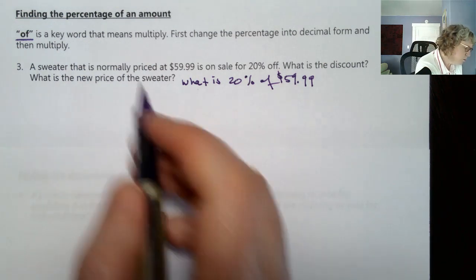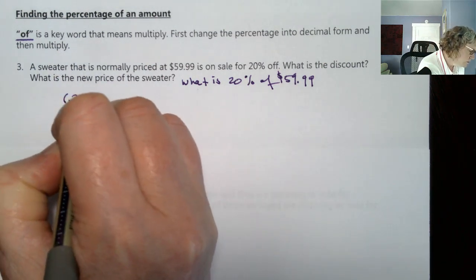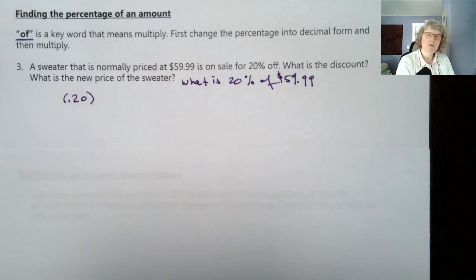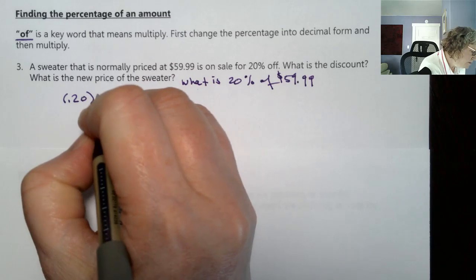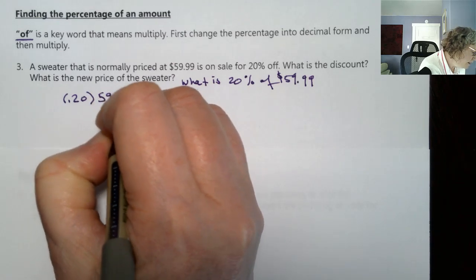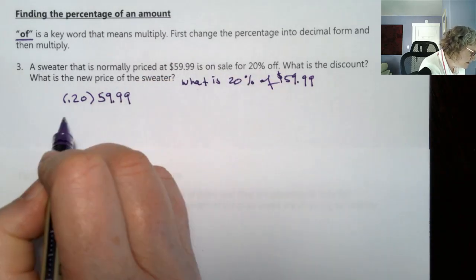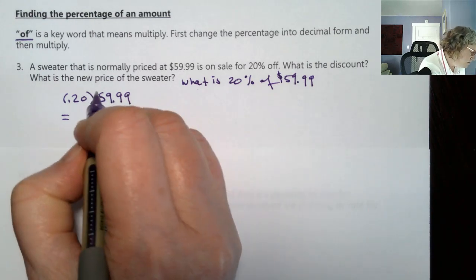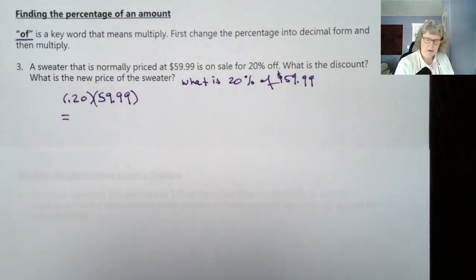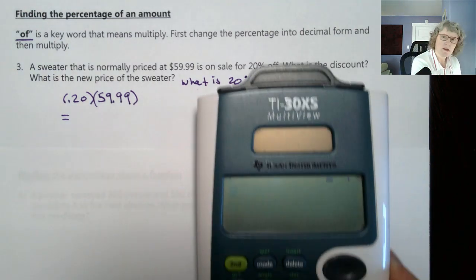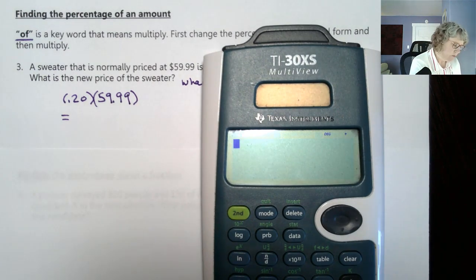I'm going to change this to 0.20. 20%, we move the decimal 2 places to the left like we talked about in the last video, times $59.99. Now I could use parentheses again, on both numbers or just one of them. Either one is fine.